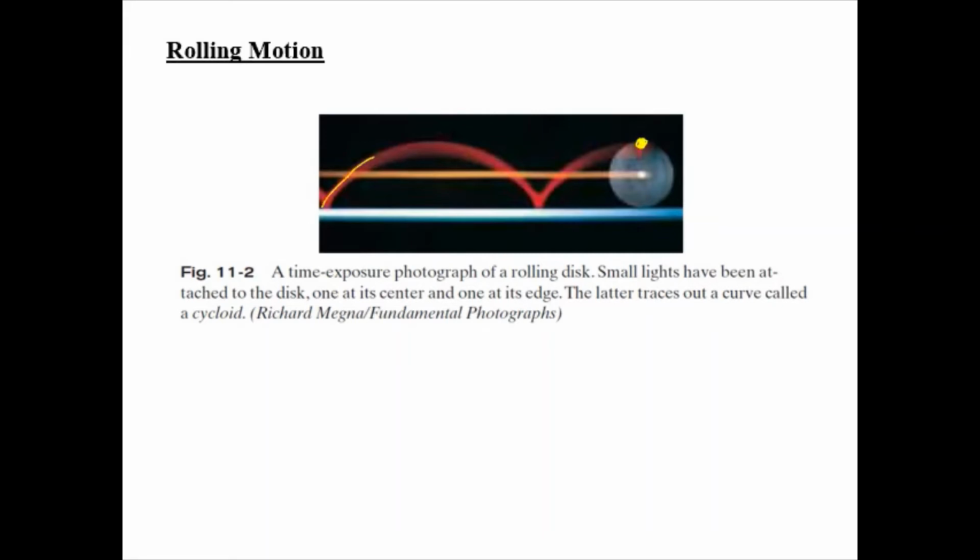What you'll find is that the dot on the edge of the wheel will trace out a curve. So if you put a little glowing light on the edge of the wheel and it rolls down the road, what you'll get is this curve that I'm sketching out for you here, and that curve is called a cycloid. For those of you that are interested in math, that's the mathematical shape, the cycloid, that matches the path traced out by a single point on the edge of a rolling wheel.